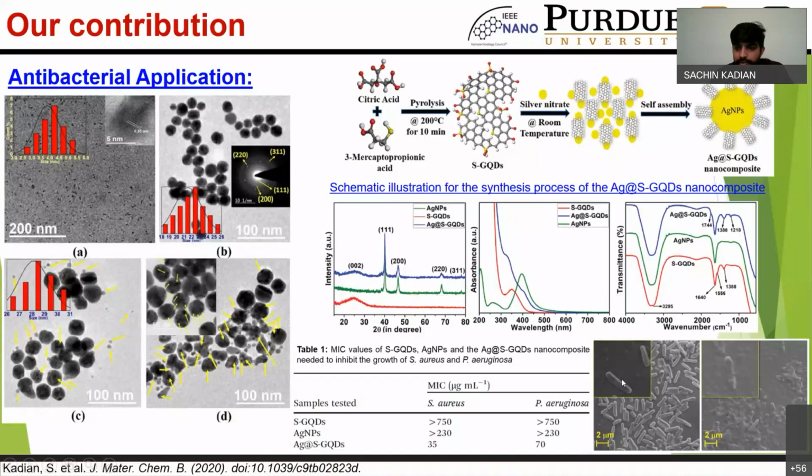If you see the zoomed part, this is the untreated one. Yes, sir. We also did a biocompatibility study. AgNPs were showing, obviously, they are toxic, higher toxicity compared to this Ag-SGQD nanocomposite. And SGQD were also showing very minor, or we can say no, toxicity.